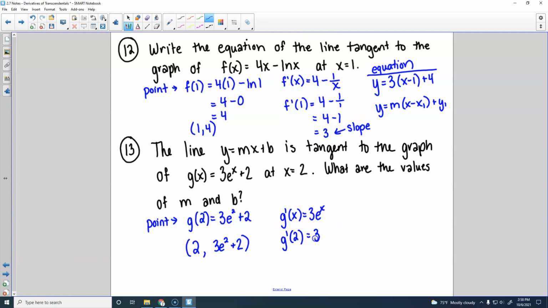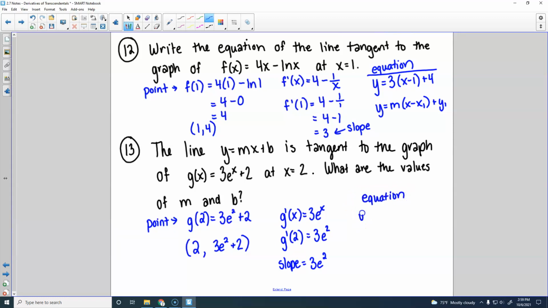So, it's 3e to the second. Once again, we don't have a calculator, so our slope has to equal 3e squared. Okay?